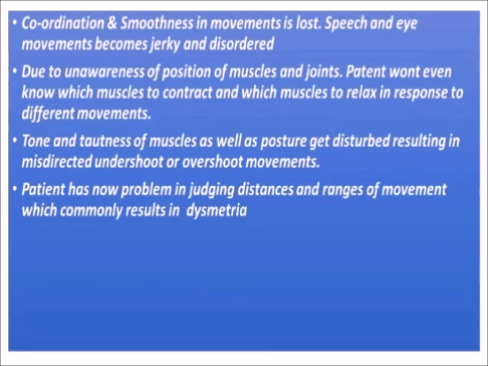Due to unawareness of position of muscles and joints, the patient won't even know which muscles to contract and which muscles to relax in response to different movements. Tone and tautness of muscles as well as posture get disturbed, resulting in misdirected, undershoot or overshoot movements.